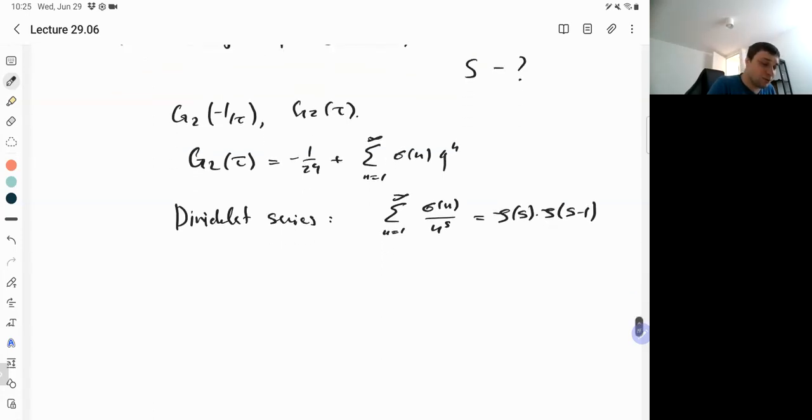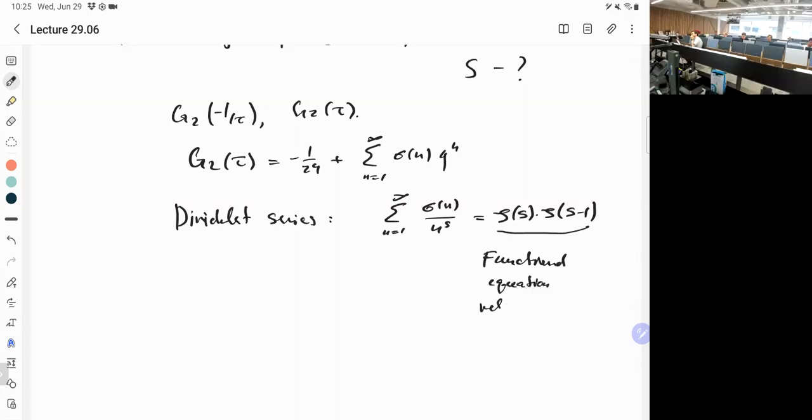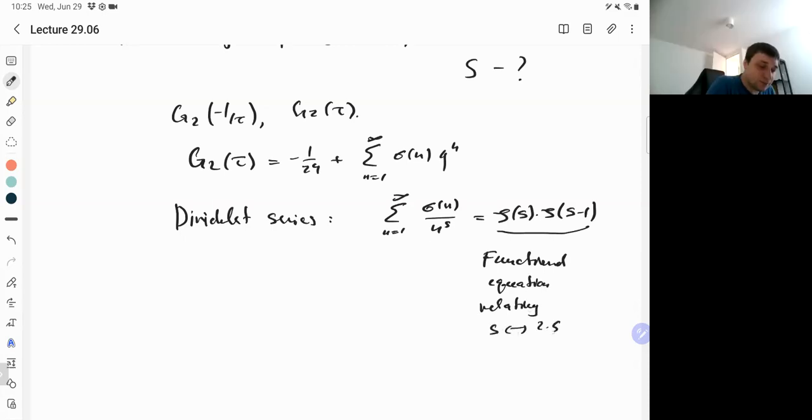And so what you can do is, you know that zeta satisfies a non-trivial functional equation, and this you can work out what this expression here satisfies. So a functional equation relating s and 2 minus s.